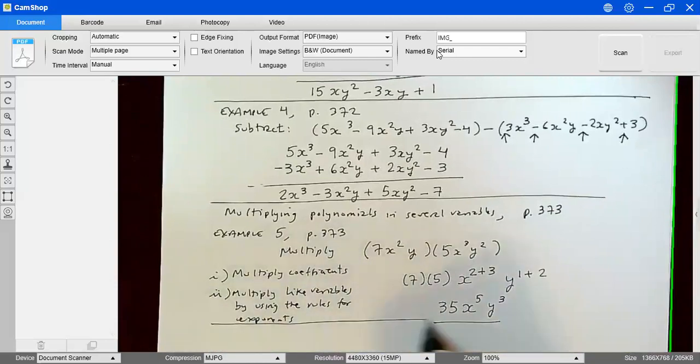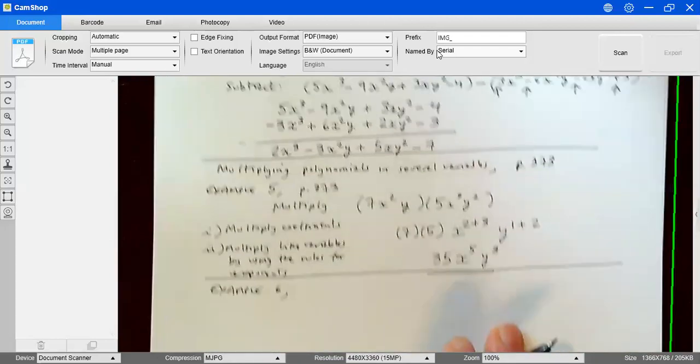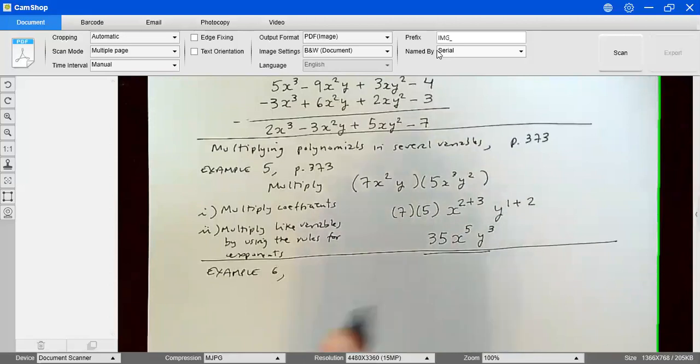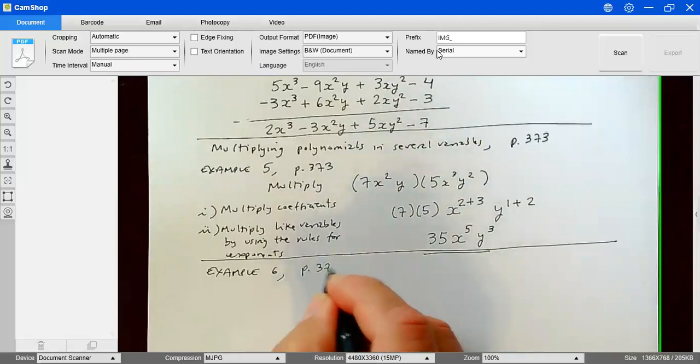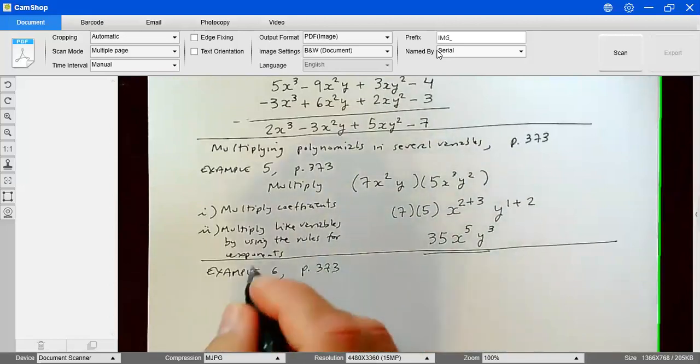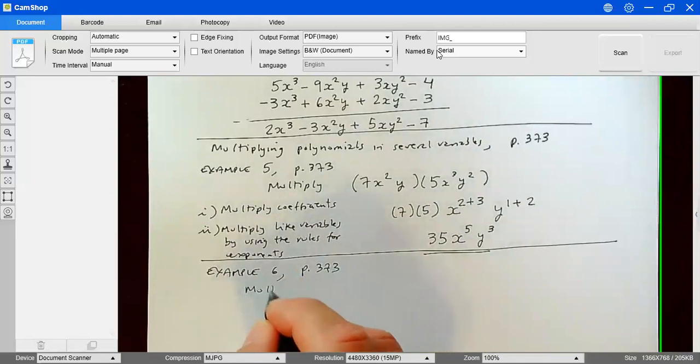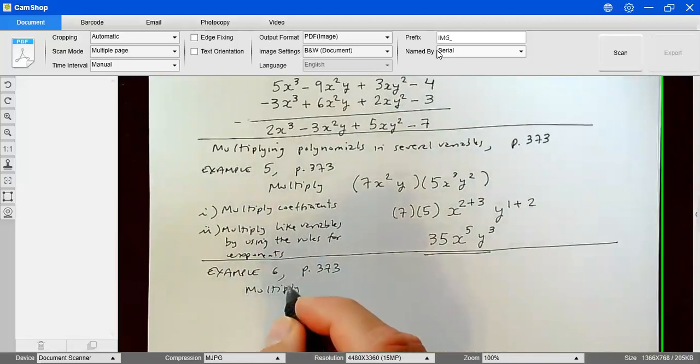Now let's work example 6. Example 6 is on page 373. So we're going to multiply now a monomial and a trinomial.